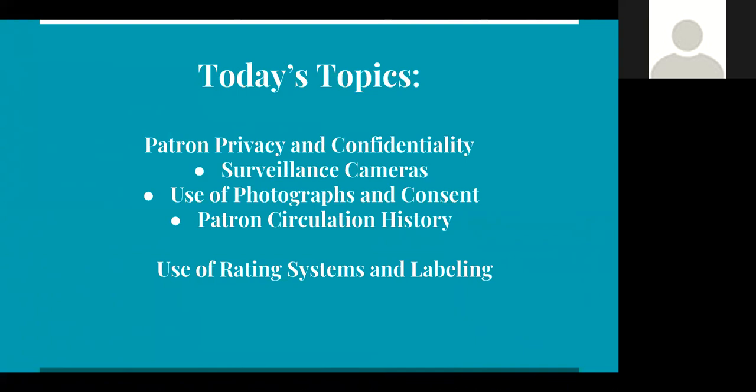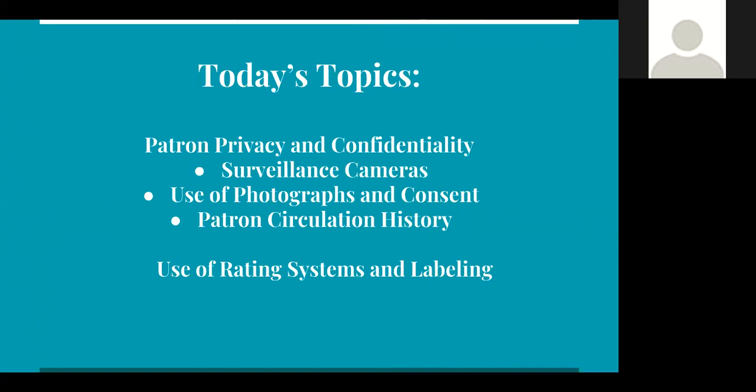The first thing that we're going to chat about today is the use of surveillance cameras in libraries, and that has been a new learning experience for some of our libraries in our areas. That's sort of connected to the use of photographs and how you deal with the consent of those. All of these are underneath patron privacy and confidentiality.